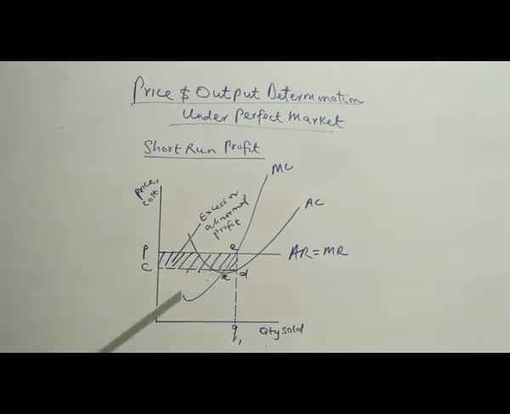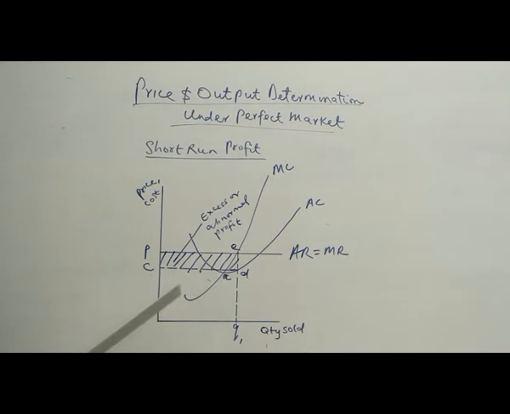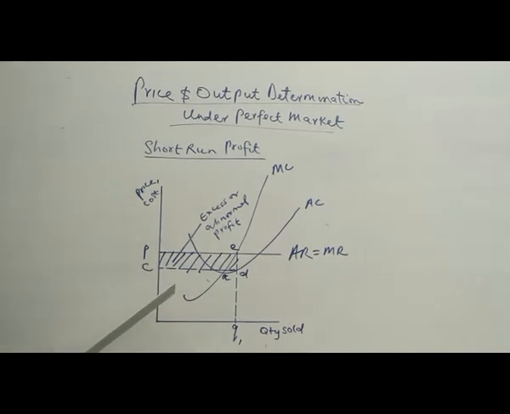But we want to look at cost in relation to revenue of a firm in order to determine the profit. This is our price here. That is PE is our price. But our cost, that is cost per unit, average cost, will be what? CD.